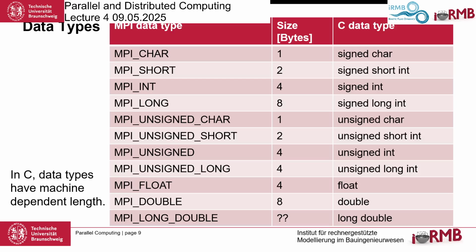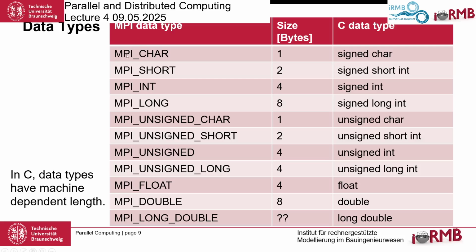Actually they're just numbers. These are the things that you use to specify what type of data you are moving around, so that the communicator knows what amount of data it is sending.